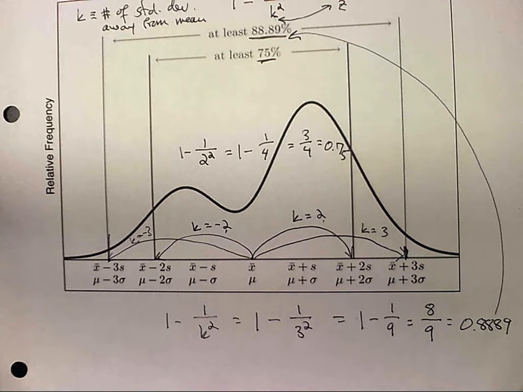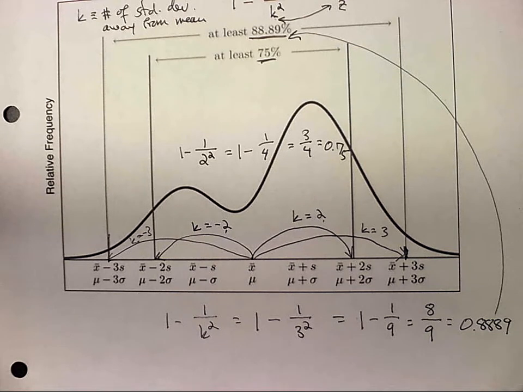All right. So now let me say this also. In Chebyshev's theorem, we don't have to stop at k being equal to 3 or negative 3, right? What we could now do is go to k equal to 4 and negative 4, or 5 and negative 5, and so on and so forth. We're just going to keep increasing the number that we have in our formula for k.